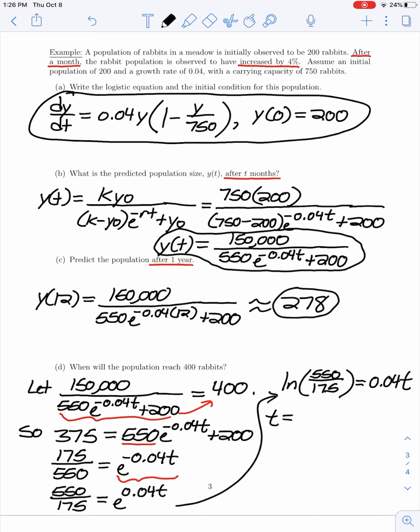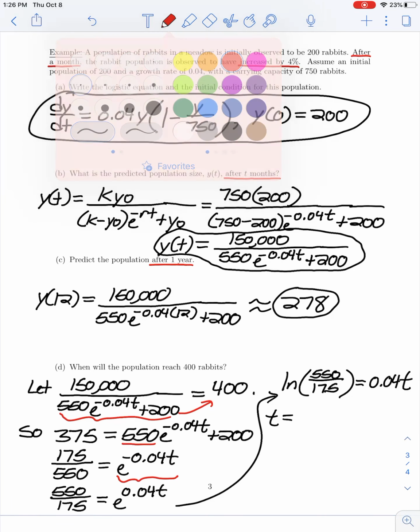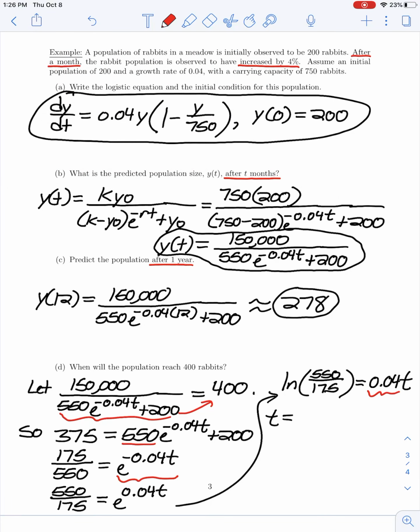So finally, to solve for t, I would divide both sides by 0.04, or let's think about this decimal here. 0.04 is 4 1/100ths, which would equivalently be 1/25th. So dividing by 0.04 is the same as multiplying by 25. So I have 25 times the natural log of 550 over 175.